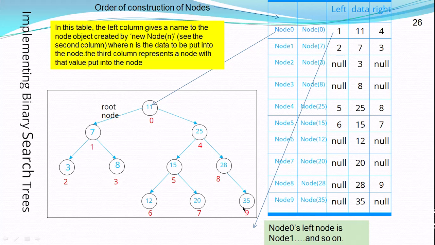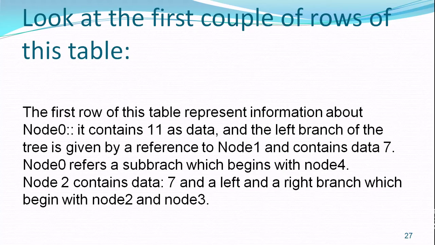In Java I can easily build this tree. This table is a bit of a distraction, I reckon, but contains all the detail. So the first row of the table represents information about node 0. It contains 11 as data, and the left branch of the tree is given by reference to node 1 and contains the data 7.